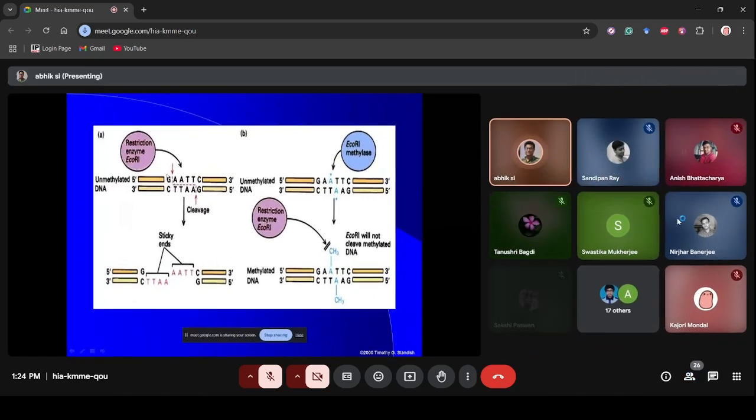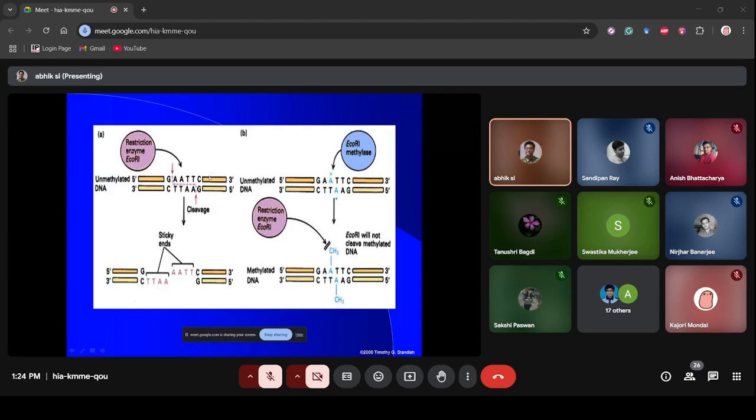After binding, this enzyme cuts between G and A in both strands. In the upper strand you can see 5 prime GAATTC, and in the lower strand, if you read in the opposite direction, also 5 prime GAATTC, the same thing.